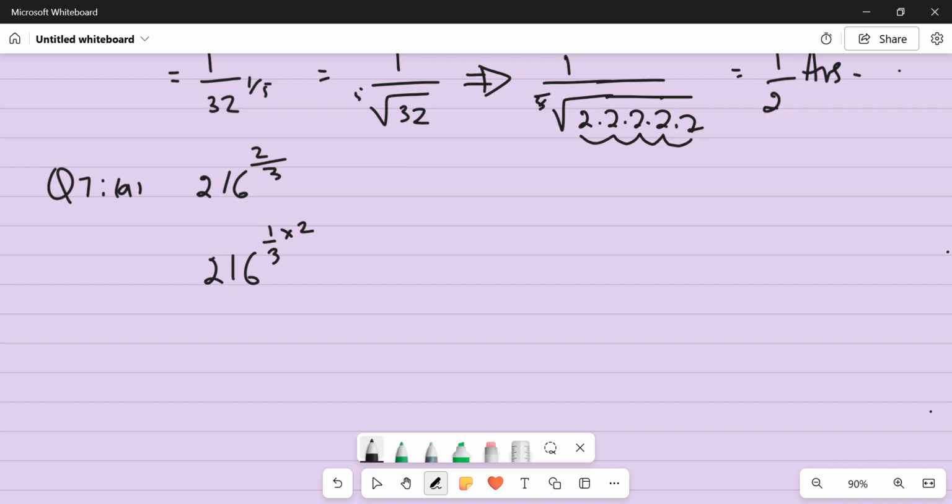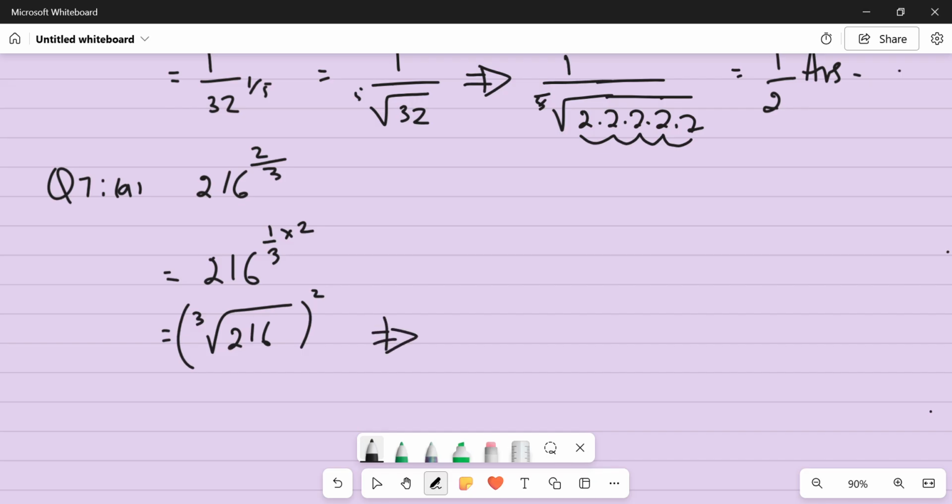So 1 over 3 is converted into a radical form. So here 216, the radical value should be 3, and it's squared.